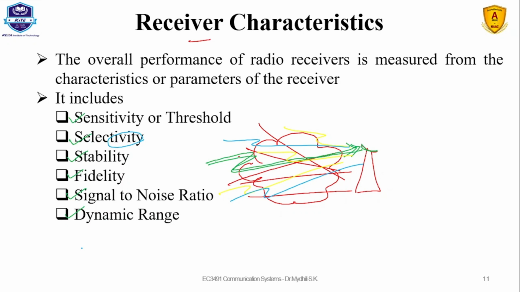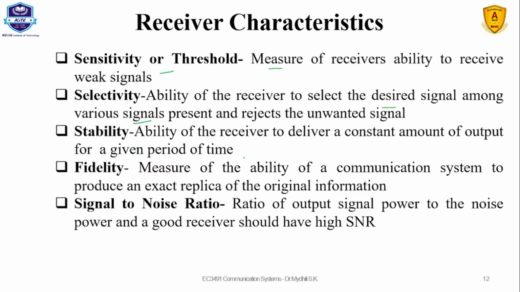And what is stability? Stability is the ability of the receiver to deliver a constant amount of output for a given period of time. Some receivers will have the ability to receive the power in various states. Here, stability means it should have a constant amount of output.